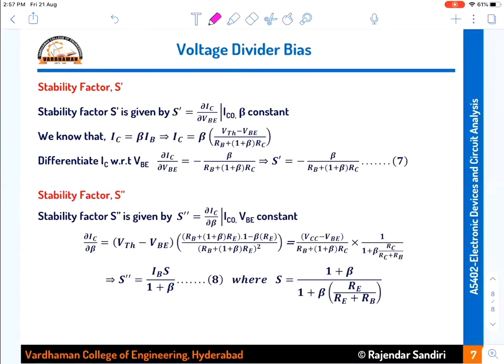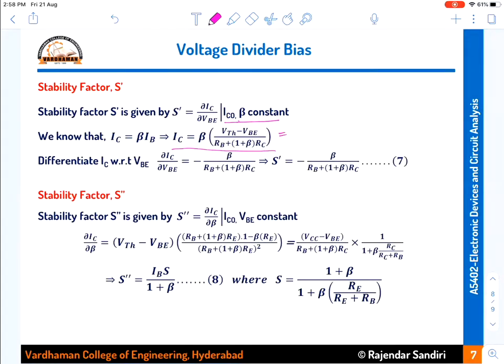Next, coming to S dash, you already know S dash is equal to dou IC by dou VBE, when IC naught and beta are kept constant. Now you know already what is the expression for IC in terms of VBE. Differentiating this equation with respect to VBE, the first term is anyhow constant, so 0.